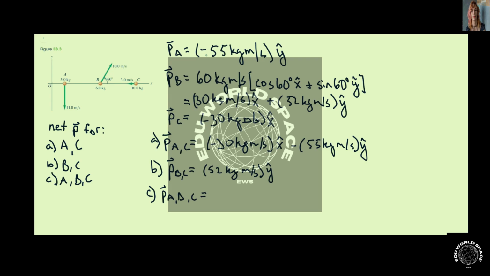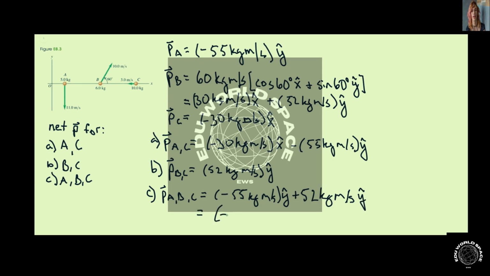So A, we see is negative 55 kilogram meters per second in the y-hat direction, and to that we'll add our positive 52 kilogram meters per second.